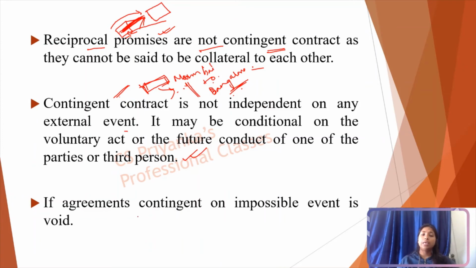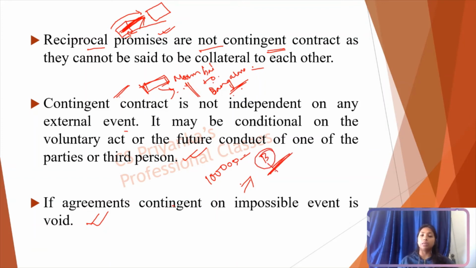And an agreement contingent on an impossible event is void. I already said an impossible event means an event which is not possible for you to perform. For example, I am telling you I will give you 10,000 rupees if you die, or I will give you 1 lakh rupees if you kill Mr. B. These are all impossible events, you should not do it.